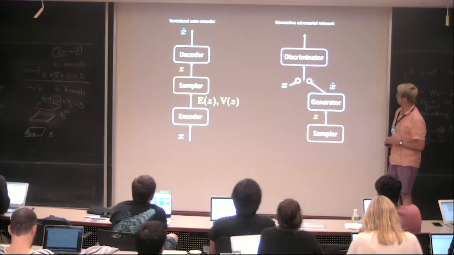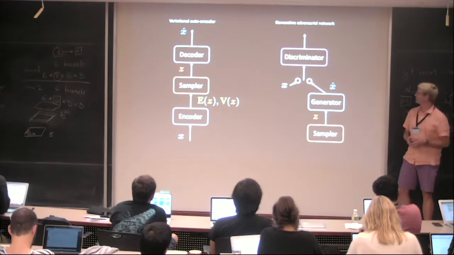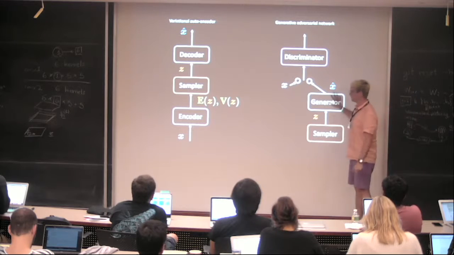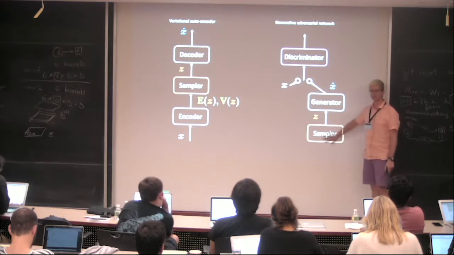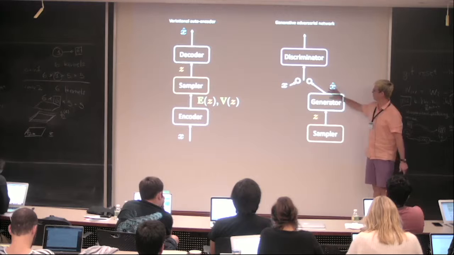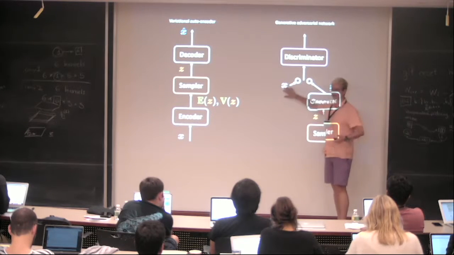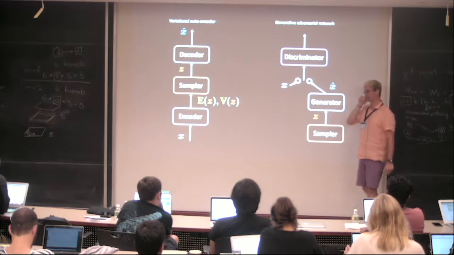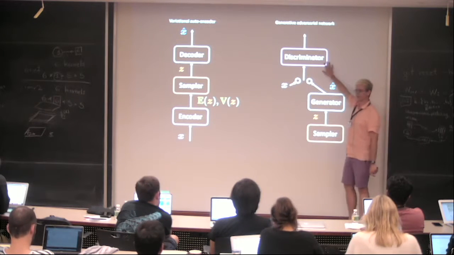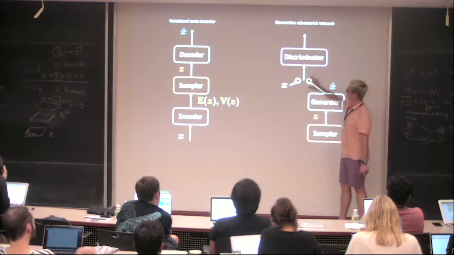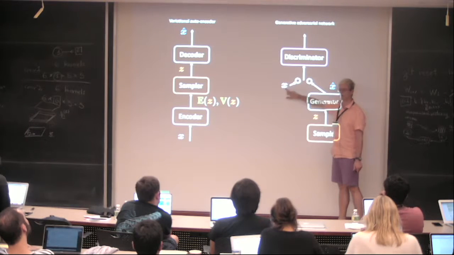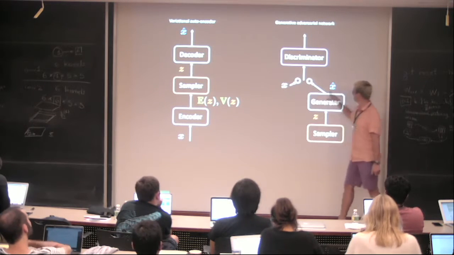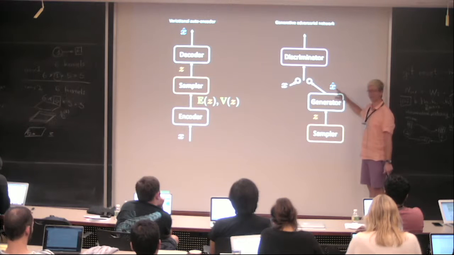Discriminator. So what is this? We have a generator which is getting some noise and is trying to generate something cool. And here we have another X, and these two are not related. Then we have a discriminator here, which is just trying to say, is my input coming from real data or is my input coming from fake data?